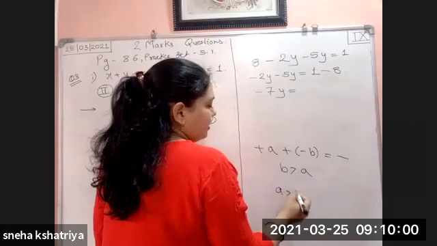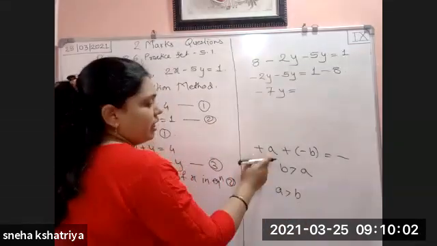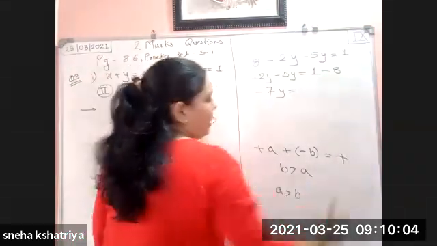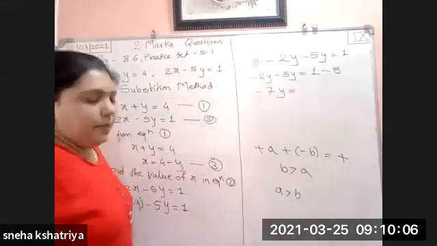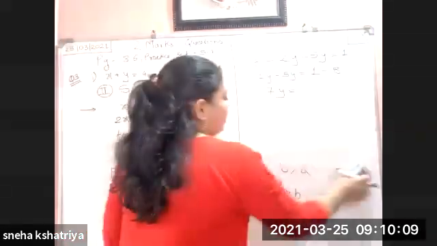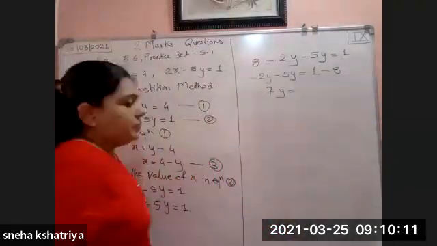And if A is greater than B, if this number is bigger, then the plus sign will come. So this is the rule of addition.